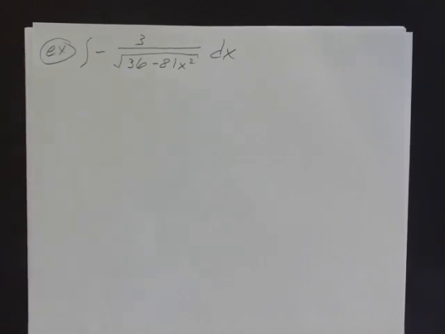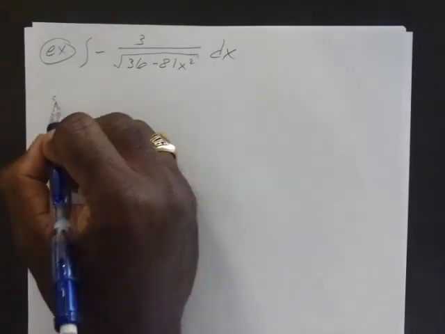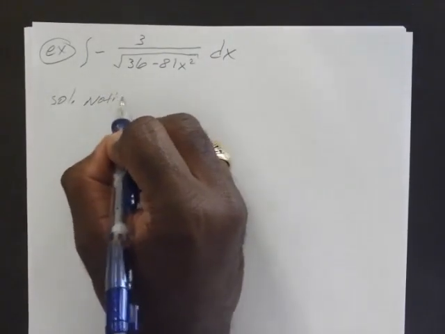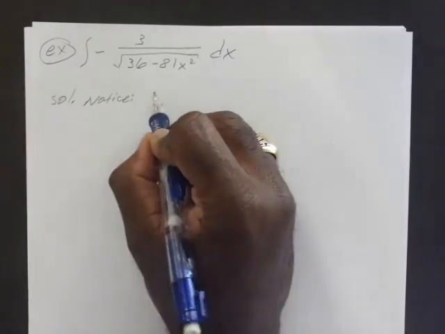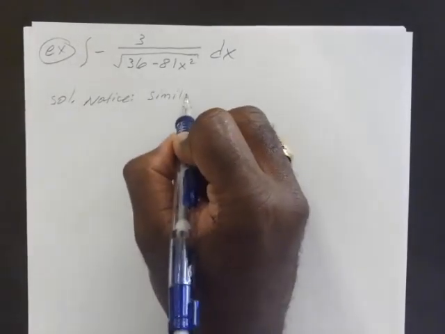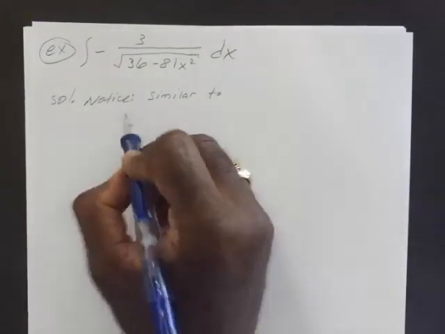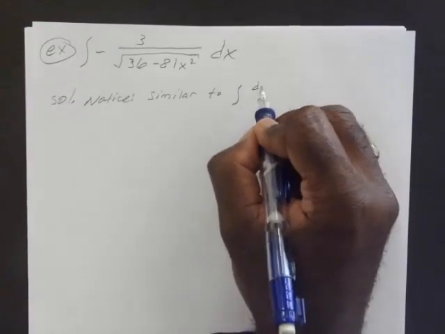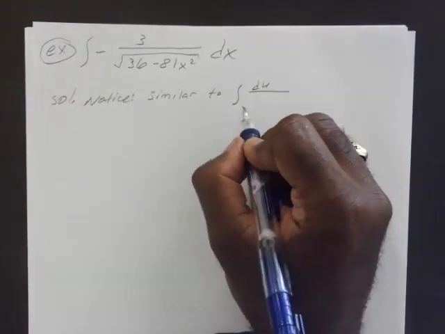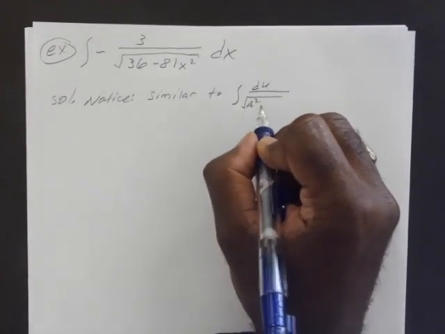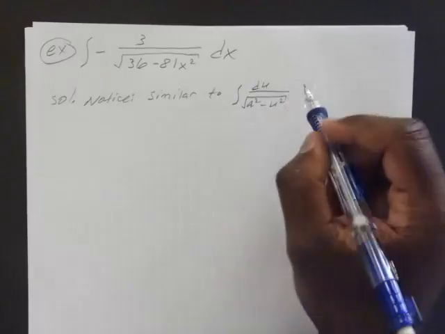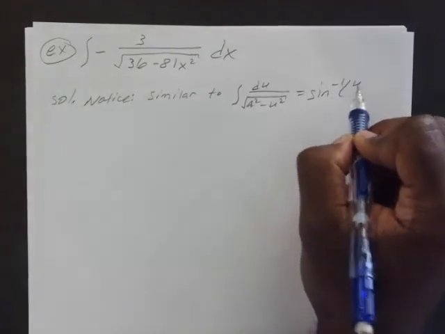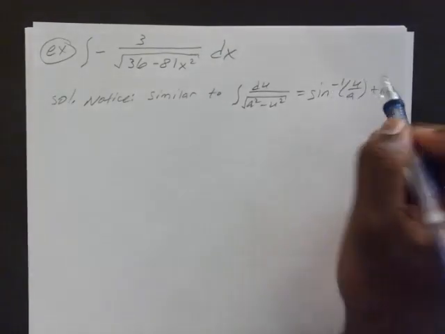Okay, so if you look at the form of that integral, if you notice, it's really similar to, I'll put it right here, the integral of du over the square root of a squared minus u squared, which is equal to sine inverse of u over a plus c.